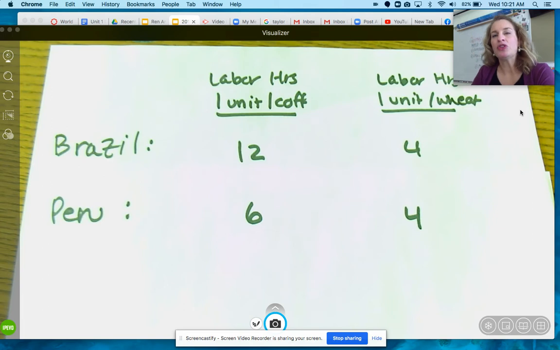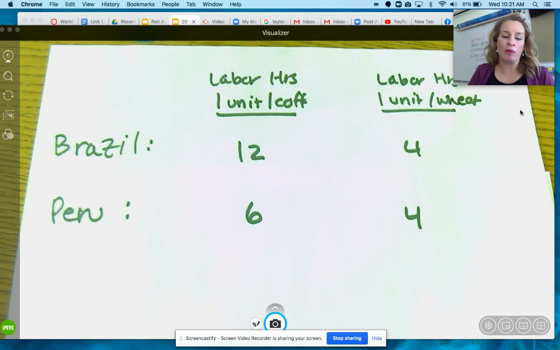All right. So what that means is that if Brazil focuses on the wheat, then that means they can't spend 12 hours making coffee. That's a long time to make 1 unit of coffee compared to Peru. If Peru takes 4 hours to make wheat, then they wouldn't be able to take 6 hours to make 1 unit of coffee.